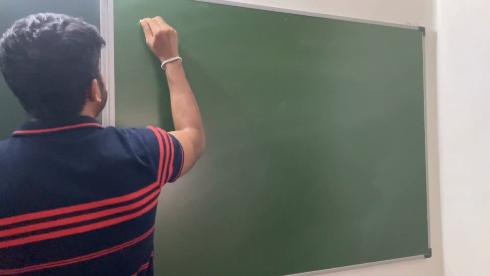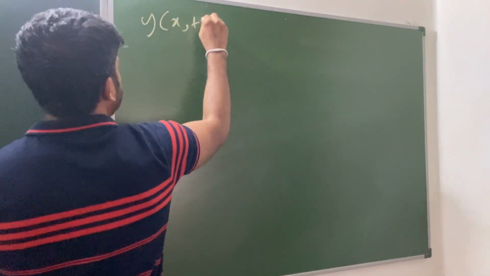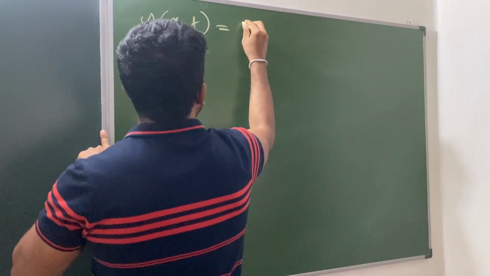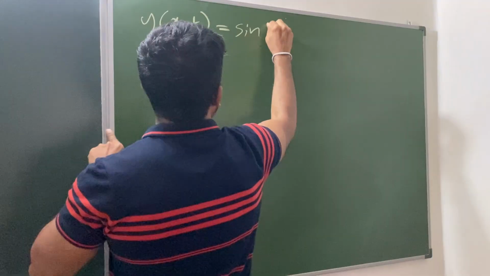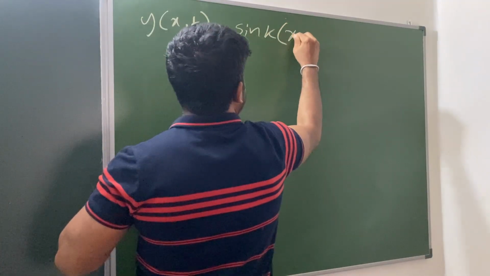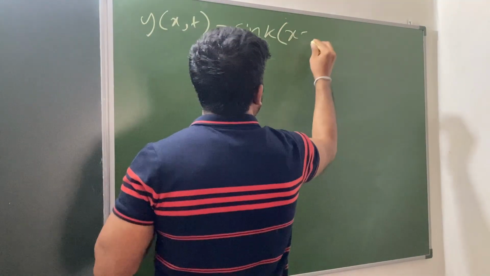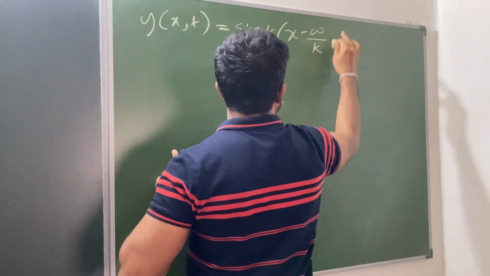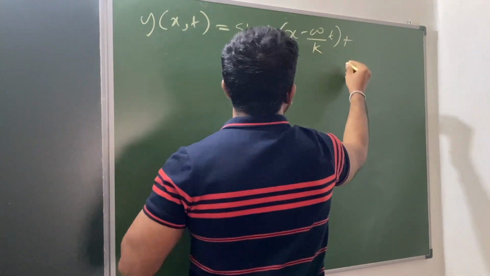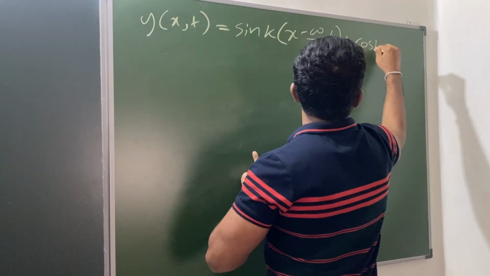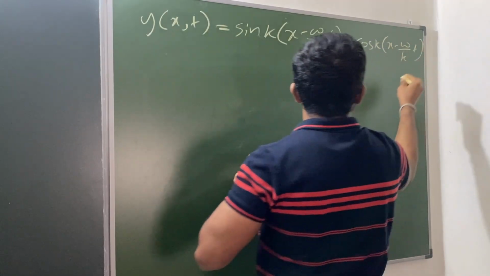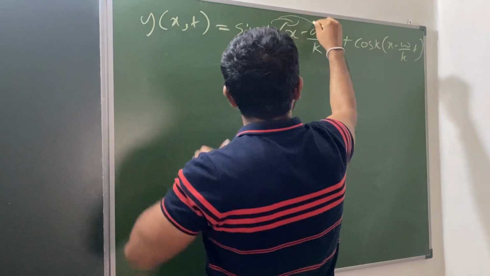so we can write the wave solution like this. We can deliberately write it like sin k (x - vt). Now v can be written as omega over k, times t, plus cos k (x - omega over k times t). So now we can put this k into the bracket.